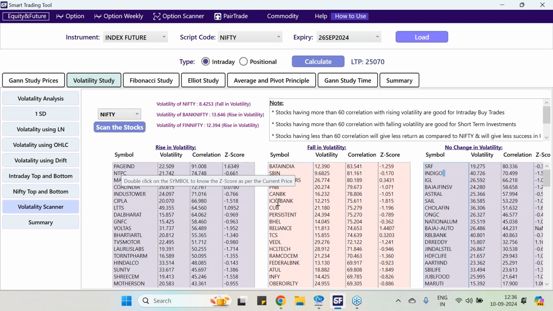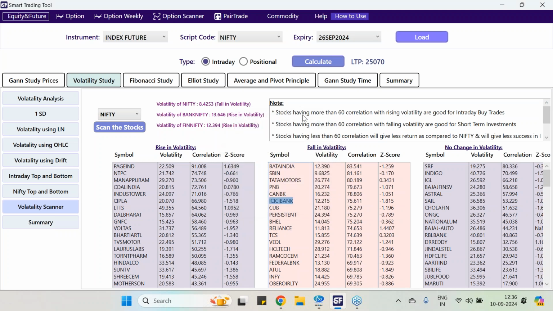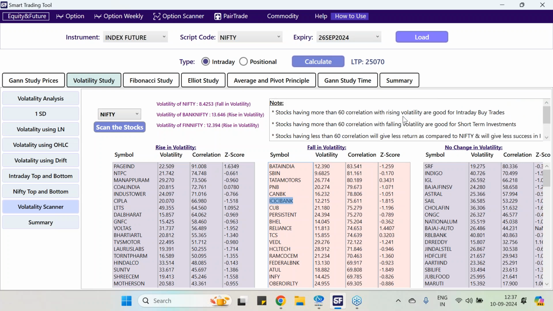Z score is there. If we want to see what happens currently, you have to click there. You will know that their current Z score is this much. So volatility is falling and Z score also is in a falling trend. How to utilize these things? It is already given. Correlations and Z score give you specific indications for your intraday trades or for your short-term investment.